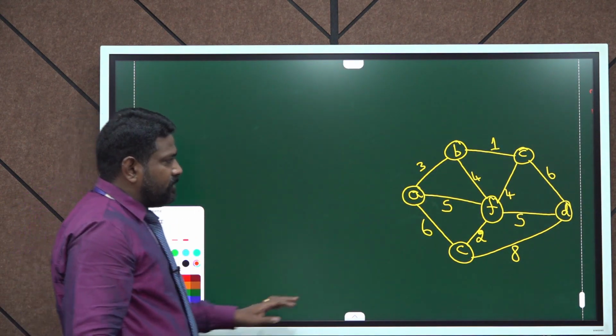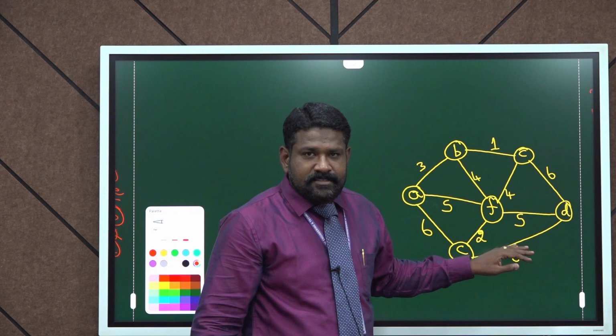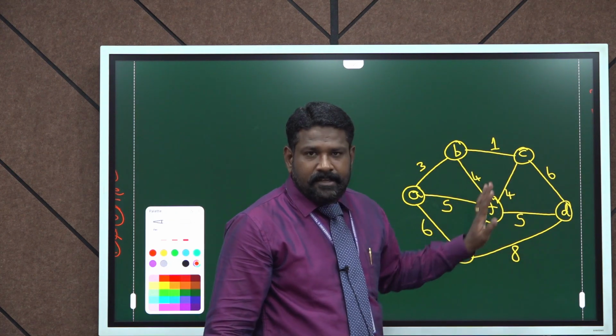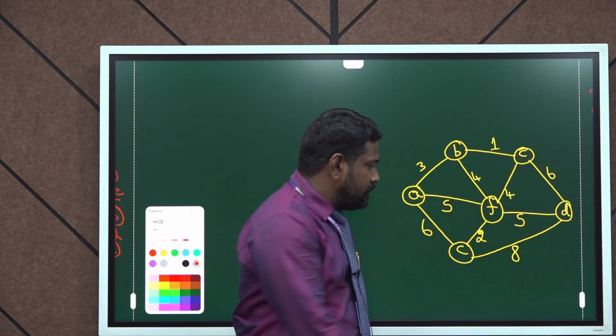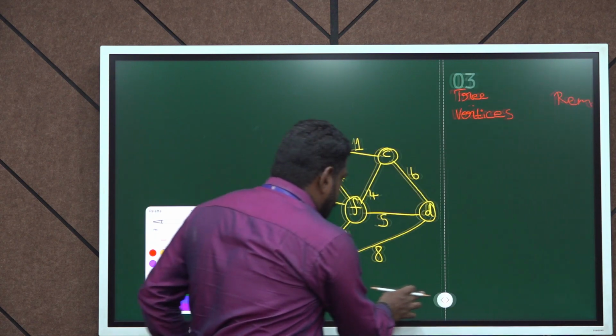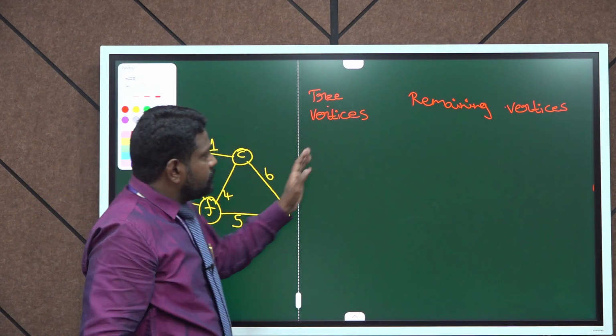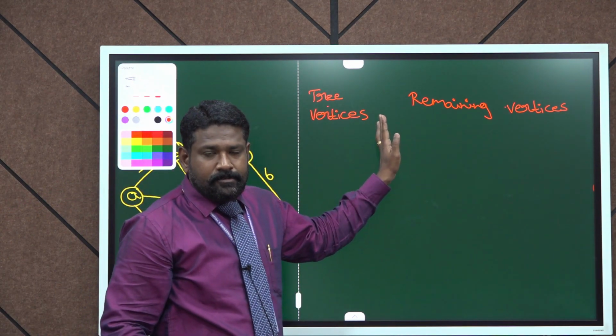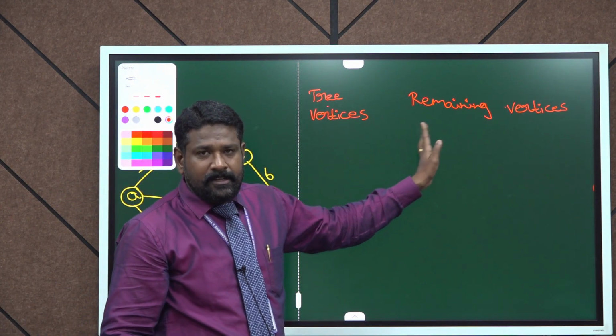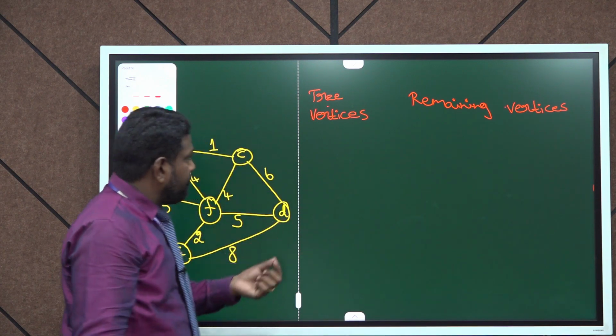For our example we are going to consider this graph. It is a weighted, connected, undirected graph. How are we going to solve this problem? We are going to construct a table, and from the table we are going to find the minimum spanning tree.